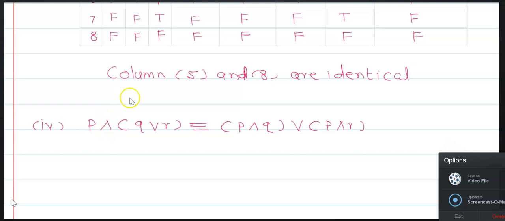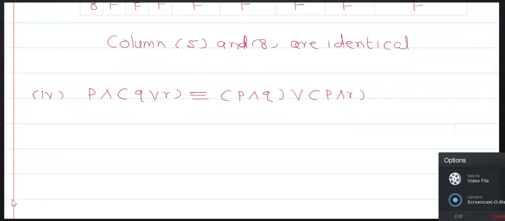That is, P is distributed over the OR with the sign AND. That's why we call this AND is distributed over the OR. Therefore, it is P and Q, or, what is the sign between them? It is OR. And what about the next? P and R. Therefore, this is a distributive law: AND is distributed over the OR.